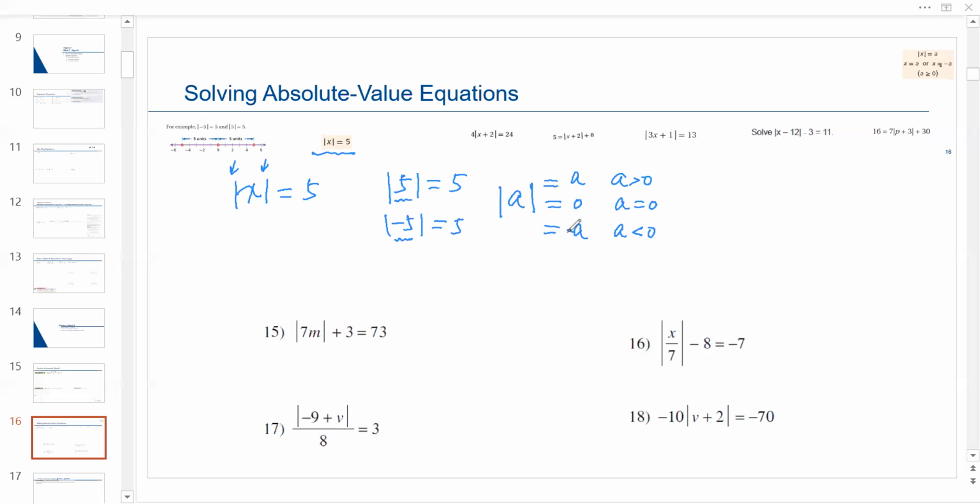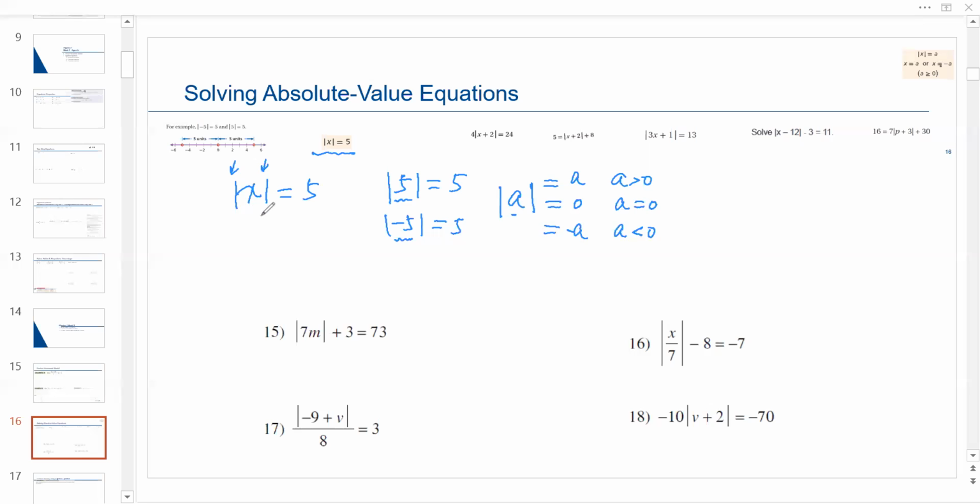You can see this quickly here, right? If a is a positive number, it equals itself. If a equals 0, it's still 0. If a is less than 0, it is the opposite number of this number, right? Inside is negative, then it becomes positive, so it's the opposite, right?